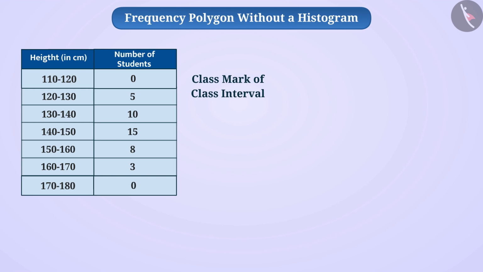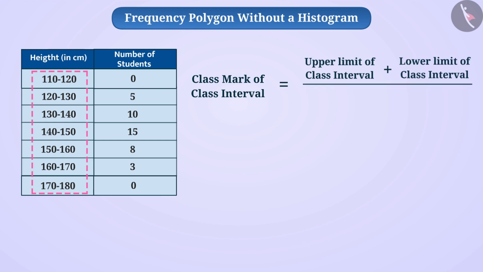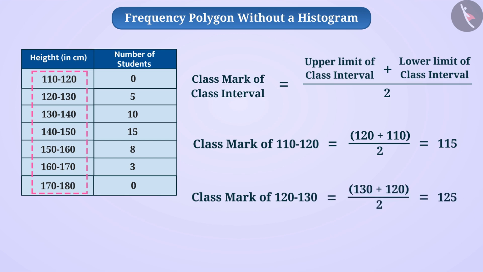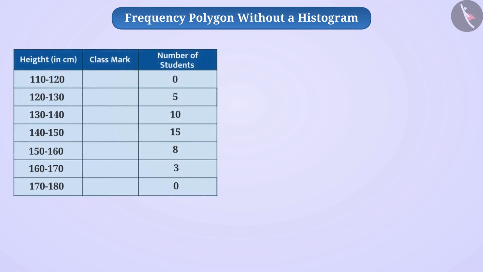Therefore, we will get the class mark of each class interval. Class mark of a class interval is equal to the upper limit plus the lower limit of the class interval, divided by 2. Therefore, the class mark of 110 to 120 is 115. Similarly, the class mark of class interval 120 to 130 is 125.